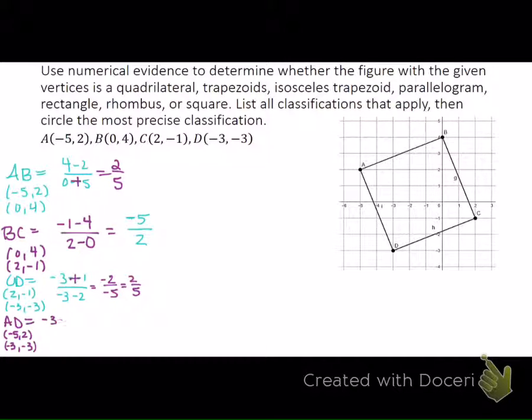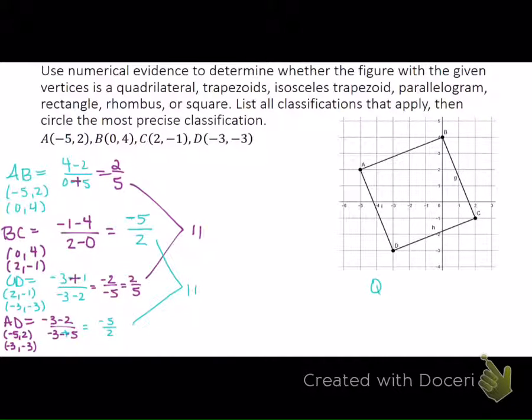So that's negative 3 minus 2 over negative 3 minus a negative 5, which is negative 5 over 2. Okay. Are opposite sides parallel? How many? So trapezoid or parallelogram?